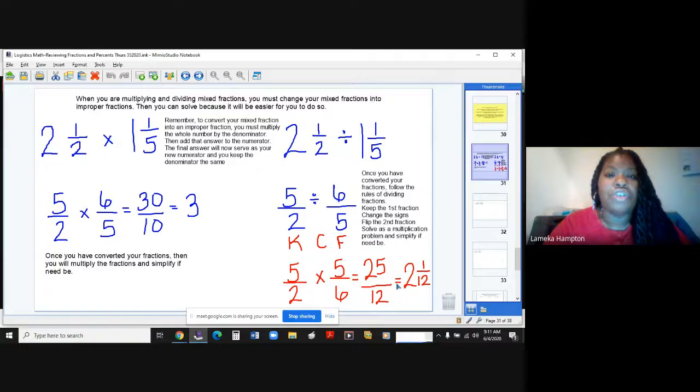So what we would do is, and there is a video on that. So if you forgot how to convert this improper fraction to a mixed fraction, I will leave the link at the end of this video so that way you can go back and you can watch that for yourself. Okay.